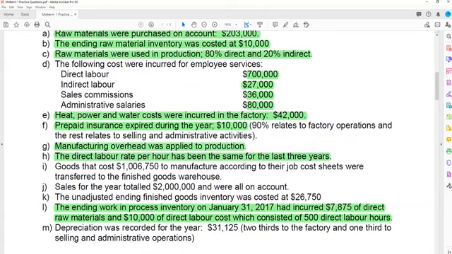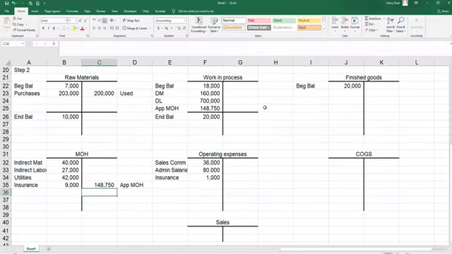Goods that cost $1,006,750 to manufacture, according to their job cost sheets, were transferred to the finished goods warehouse. From where? From work in process. So that is basically the unadjusted cost of goods manufactured. So from work in process, the unadjusted cost of goods manufactured.